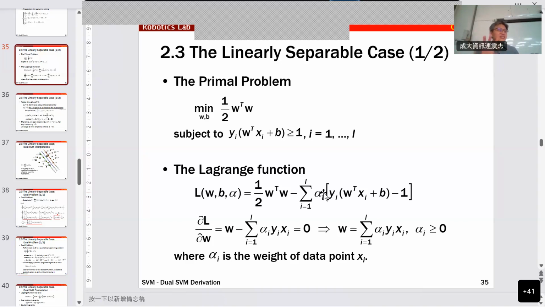So this is the same as the loss function in deep learning，是一样的。OK, so that's it for the SVM. We will take a break.